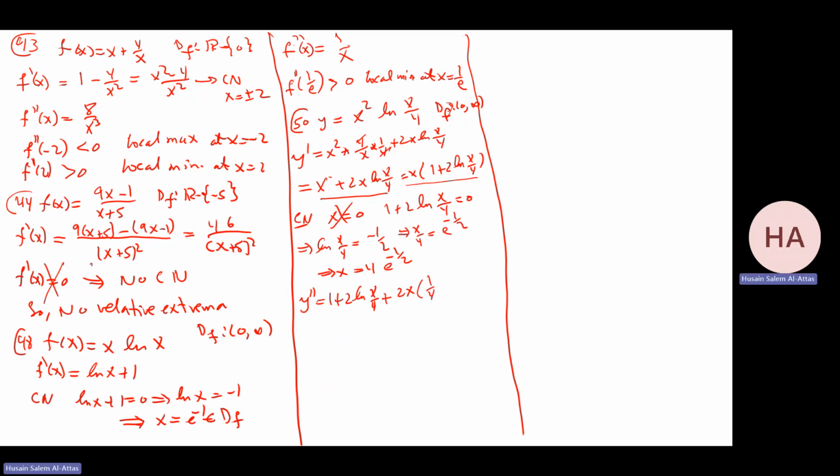It's 4 over x times 1 over 4, so it's 1 over x. So the answer is 3. I check f double prime at this number, and that will be positive. So I have a local minimum at this number, but this is a strange number.